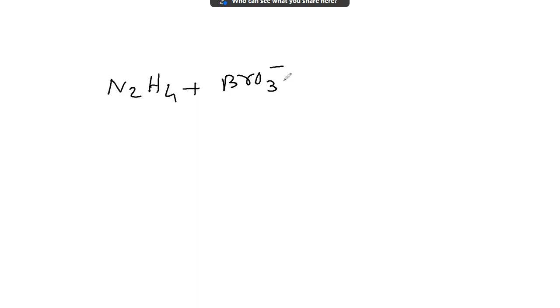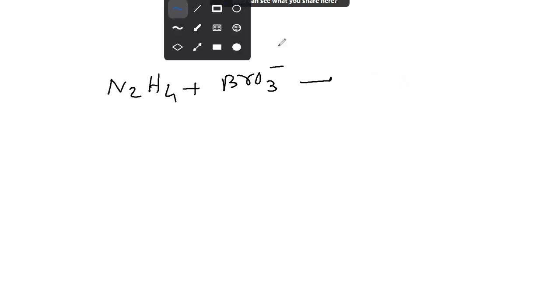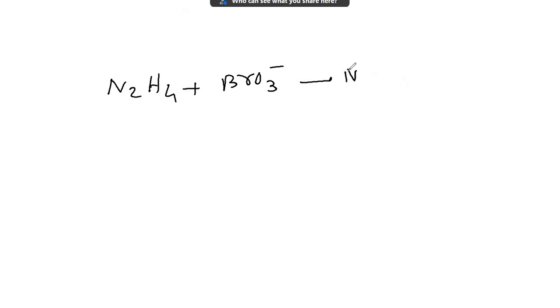The medium is given as acidic medium, giving NO3 minus plus Br minus. The medium is acidic, so you have to balance like before by adding H plus and water on the appropriate side.